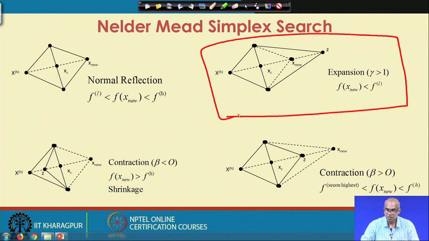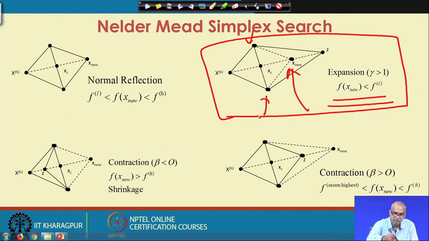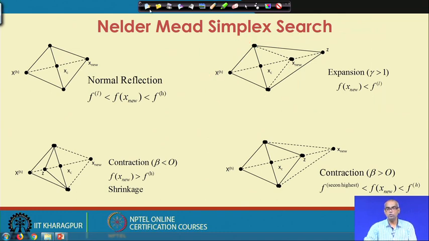That means, the objective function value at x nu is even lower than the lowest function value. So, we have 3 points x h and this one and this one. The new point that I get is best among all these points. So, in that case we will definitely would like to go further along the direction through which x nu has been obtained.